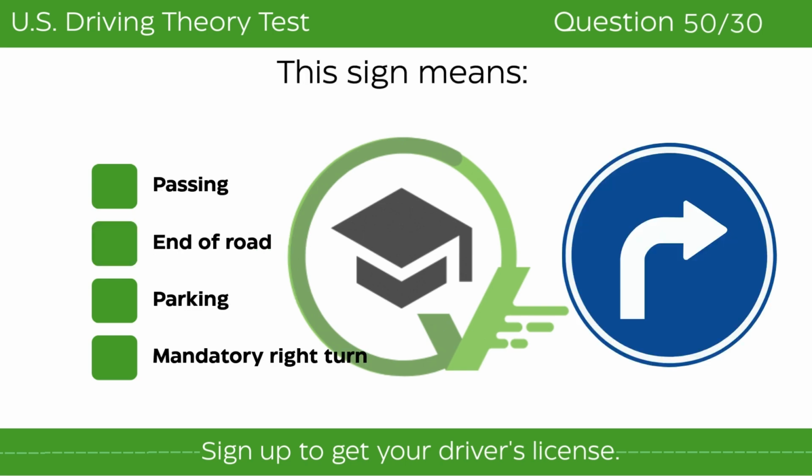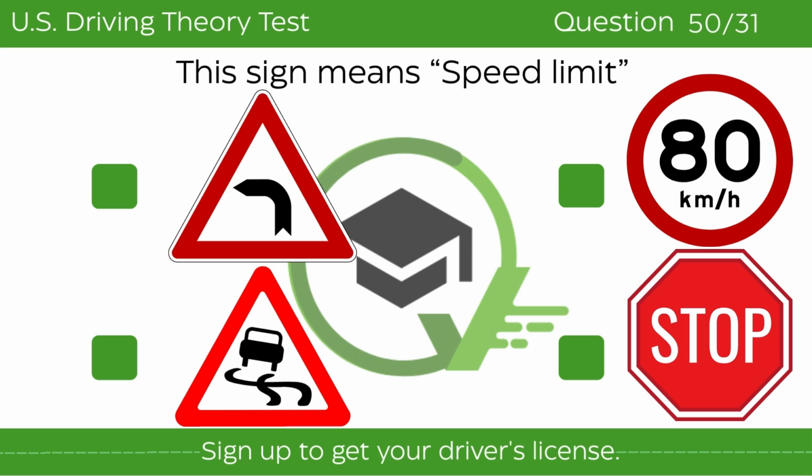Question 30. This sign means D. Mandatory right turn. Question 31. This sign means speed limit.